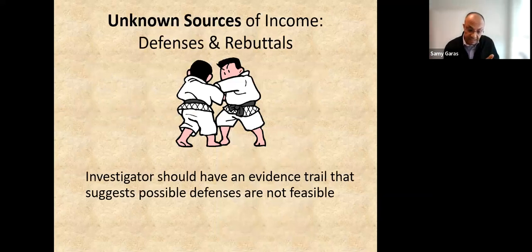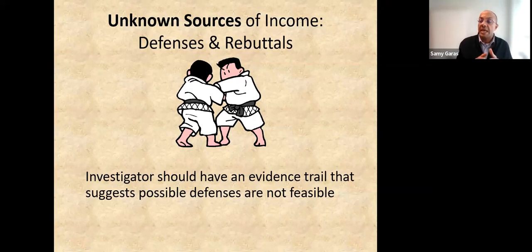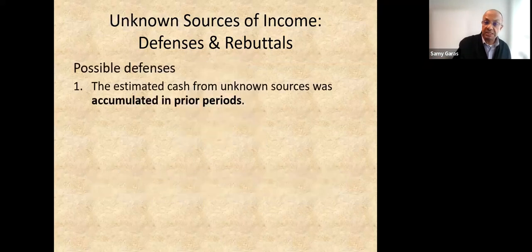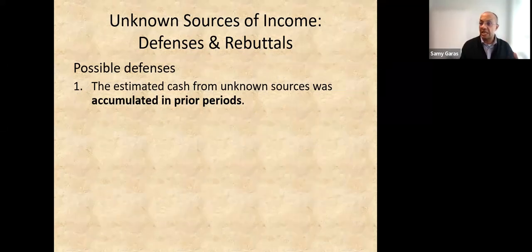Now, as I said, the cash can come to the criminal person through legitimate sources, and the fraud examiner has to make a defense and rebuttal for those sources. A good example is that this cash could come from legitimate sources from the prior year. When I tell you here the net worth or the bank statement, it's for this year, but maybe some cash came to that person last year that has not been included in the bank statement and is still under the custody of the criminal person.